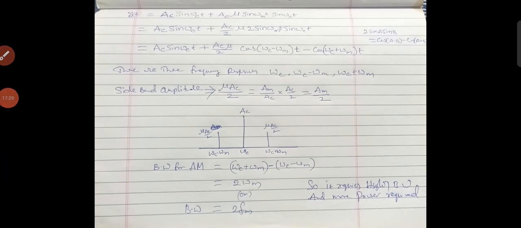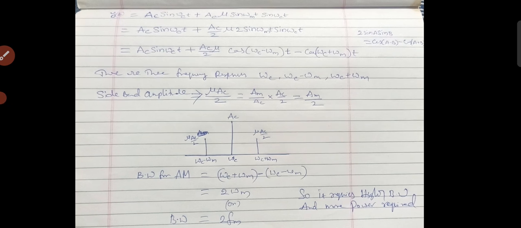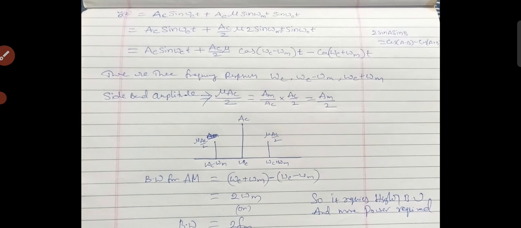Okay, now we observe the above equation rewritten as Ac sin omega ct plus Ac mu sin omega mt into sin omega ct.